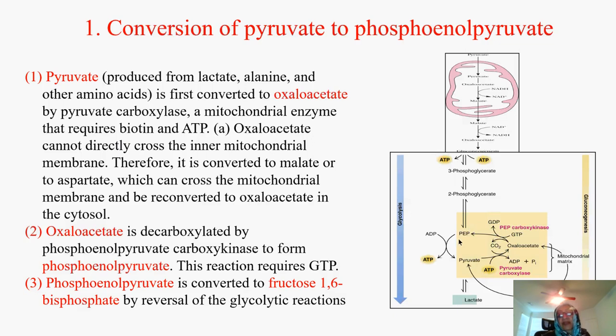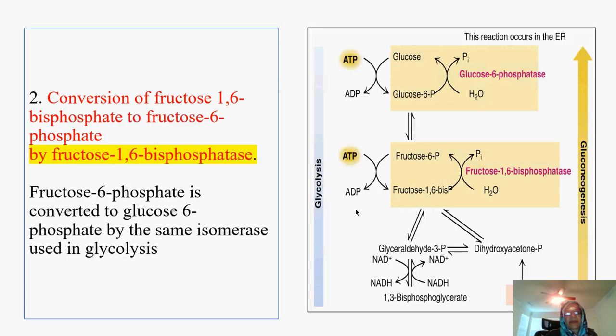Okay, so if we are able to get to phosphoenol pyruvate, the second step that we need to bypass is here from fructose 1,6-bisphosphate to fructose 6-phosphate, and this is dephosphorylation. We are removing one of the phosphate molecules, and the enzyme here is fructose 1,6-bisphosphatase.